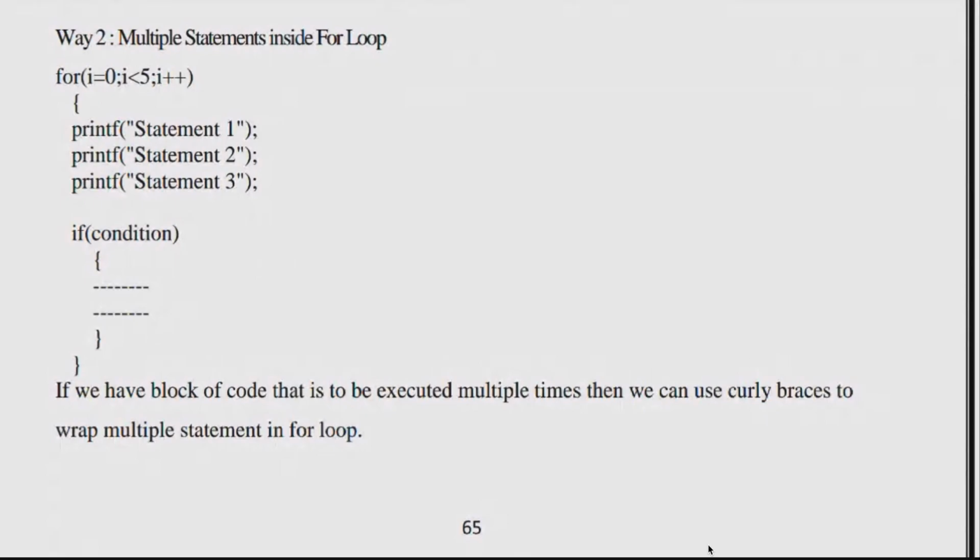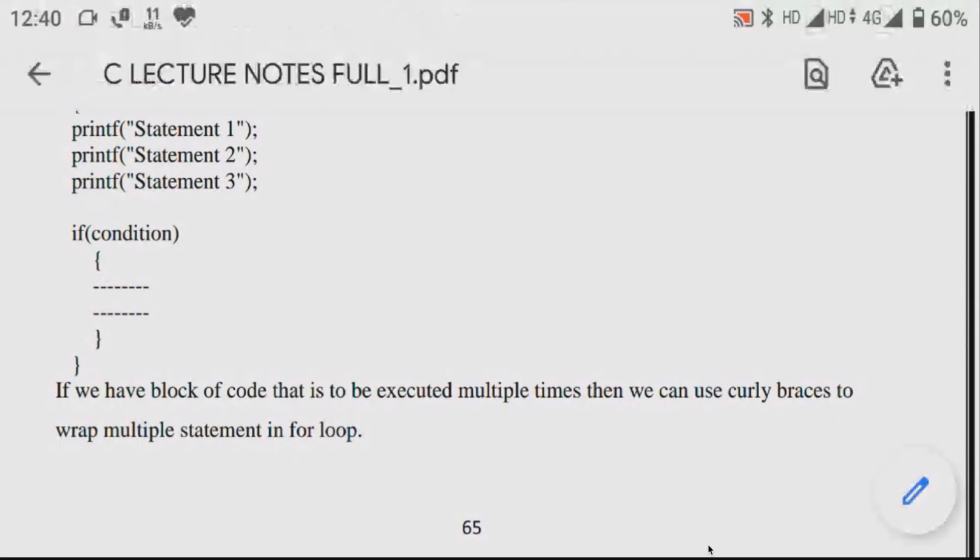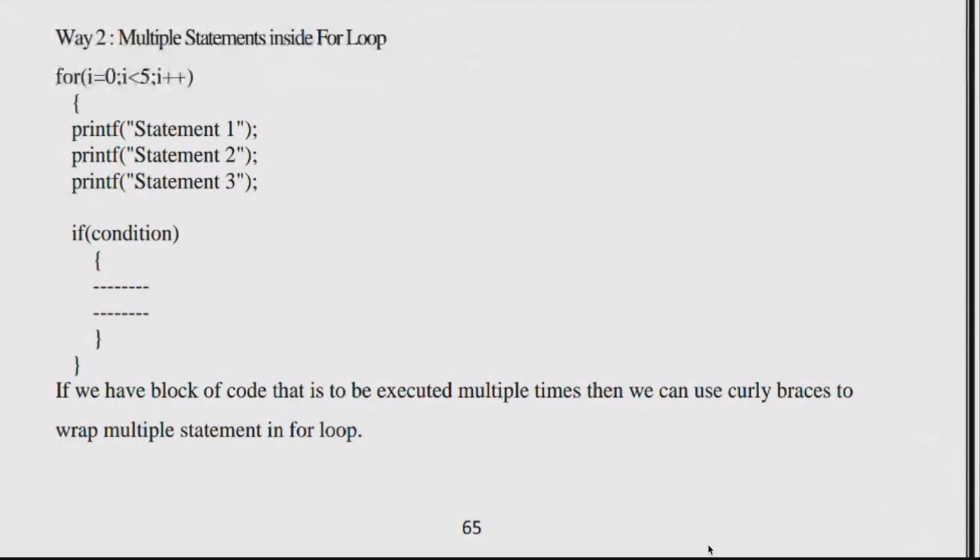Once you start practicing problems, you will see this kind of thing also. So under a loop, again we can define one more loop. That is the meaning of it.